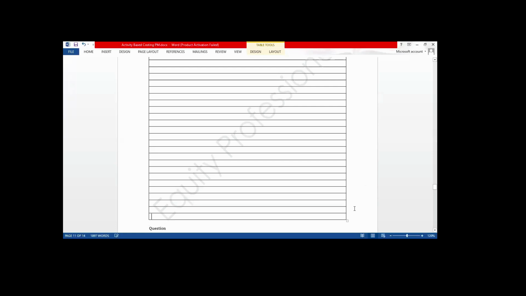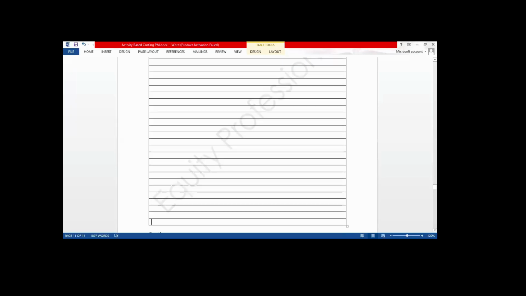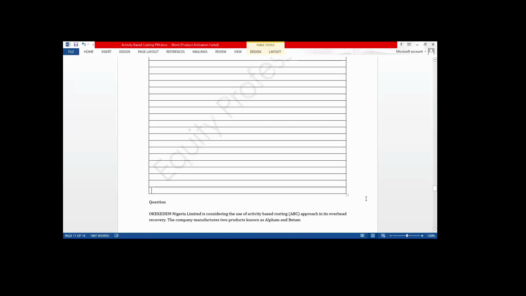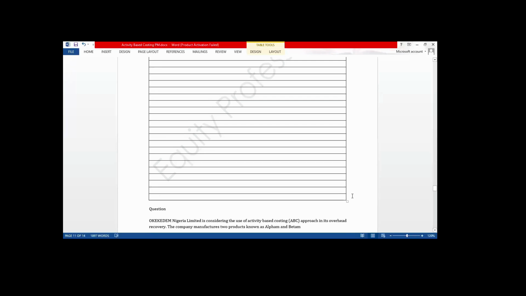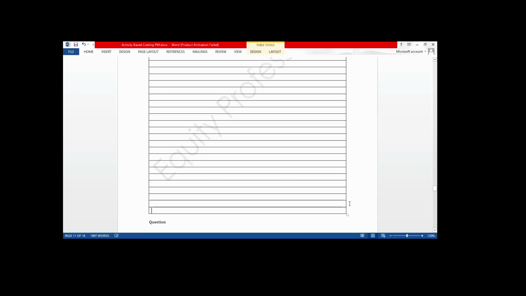Accounting for overhead using labor hour or machine hour could result in incorrect product costing.